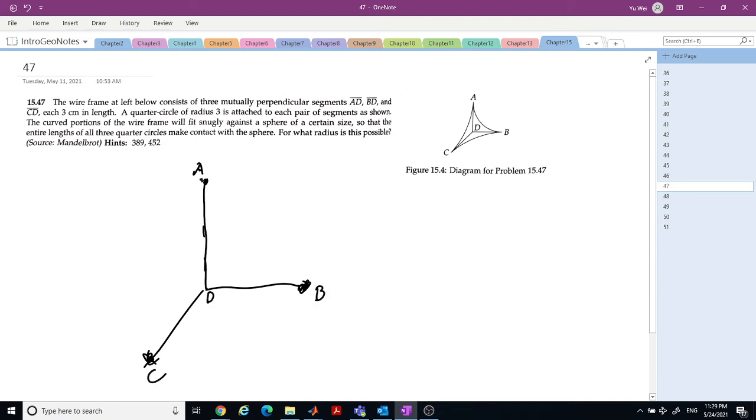So we have one quarter arc here, one quarter arc here, and one quarter arc here. Then we have all these quarter arcs. Also we know each of these is 3 centimeters.